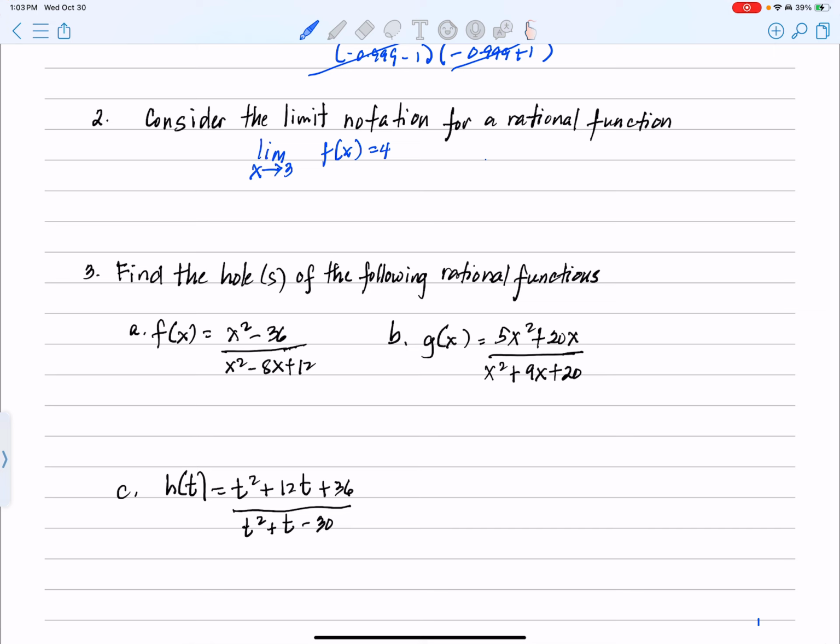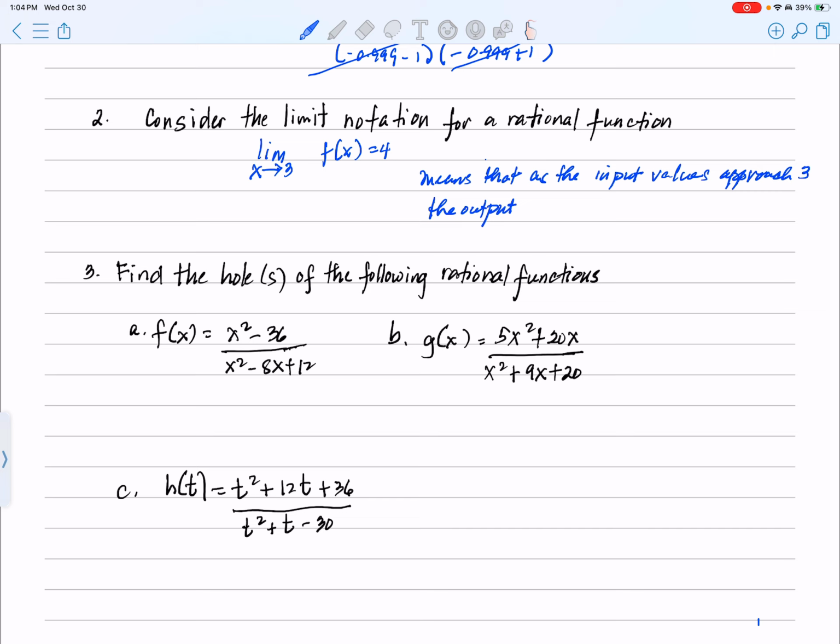So this notation, we could say that it means, if we look at the meaning, that as the input values approach 3, what is the output value?